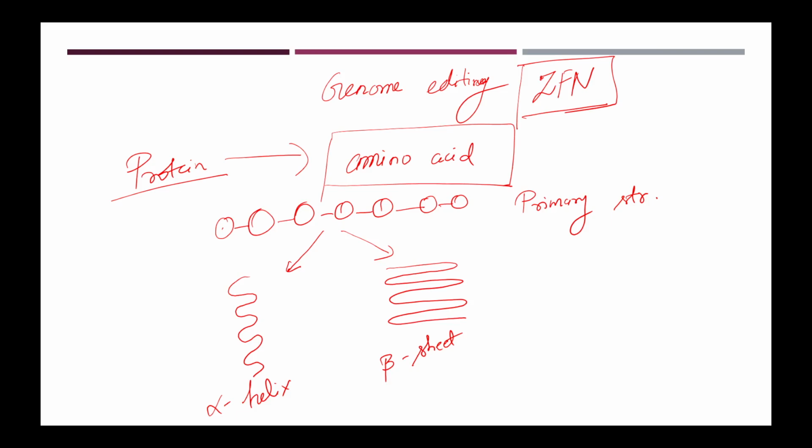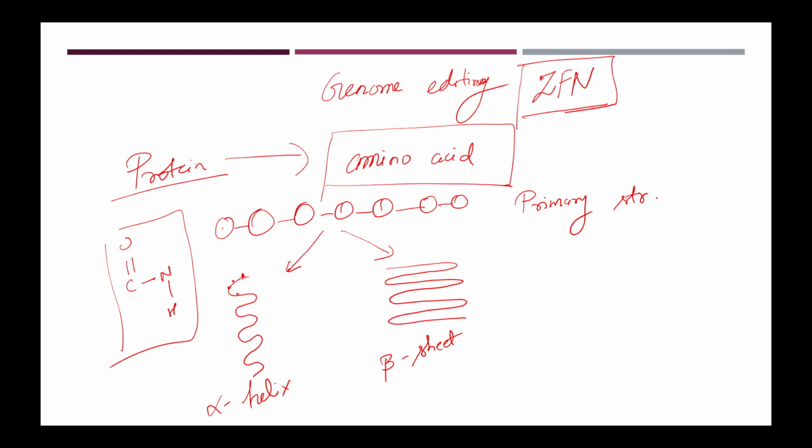As we know from the amino acid structure, it has a carbonyl, and this makes the peptide bond when two amino acids join. So in the alpha helix, what happens? There are several amino acids.